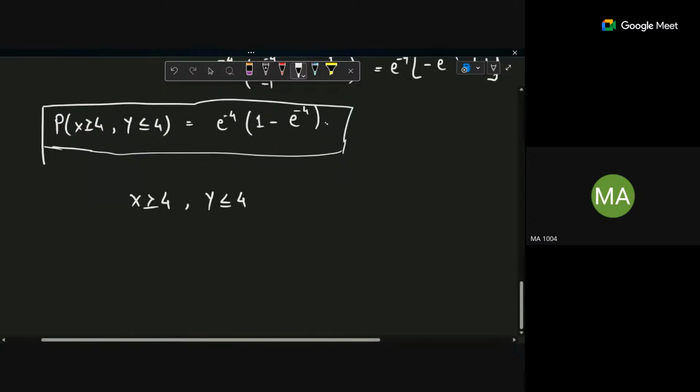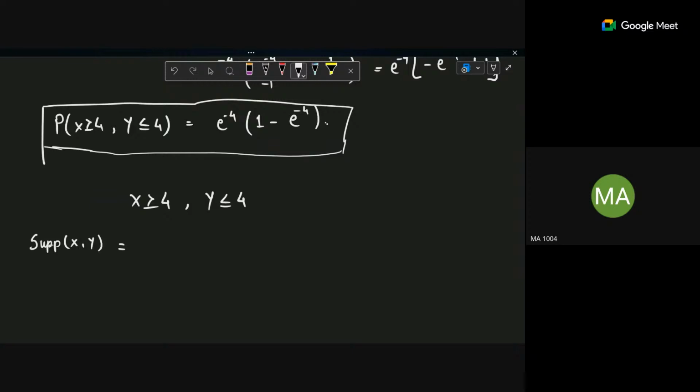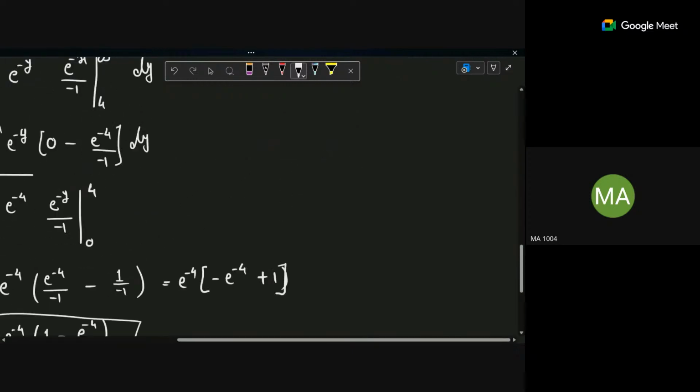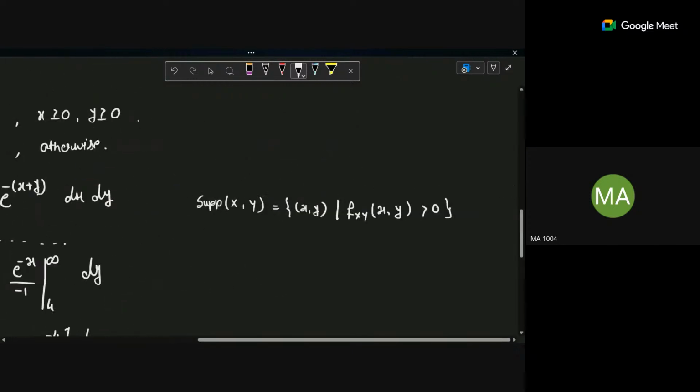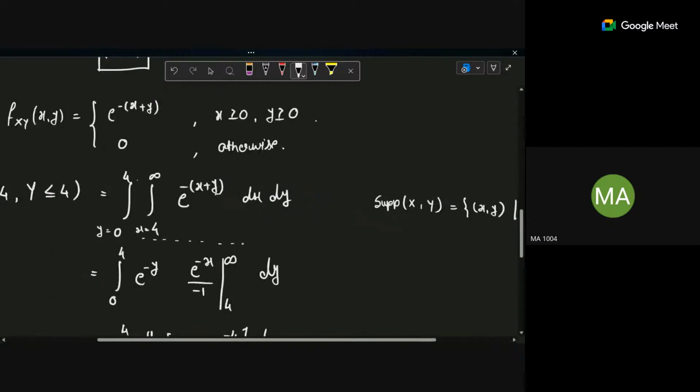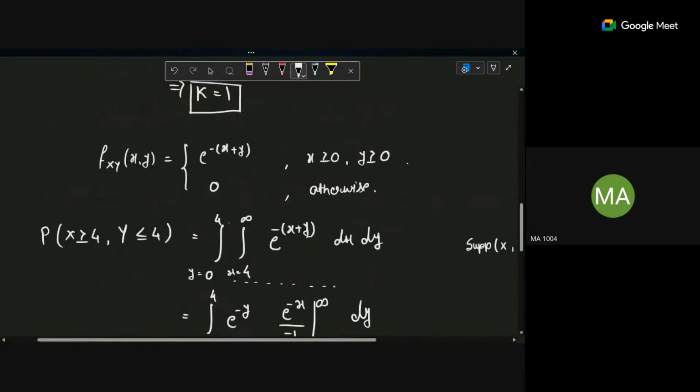Now, for that, first just define your support of x comma y. For this particular question, the support of xy is what I just wrote here. It is the collection of all x comma y such that your fxy, that means your joint PDF, should be greater than 0.